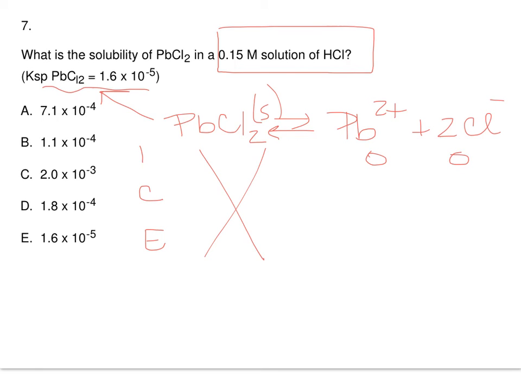Okay, I'm just going to hold off for a minute. In this case, they gave you Ksp. Okay, and so there we go. Now when you get the skeleton set up, you can go and look at what else is given.